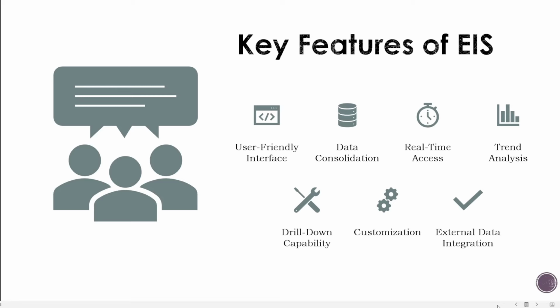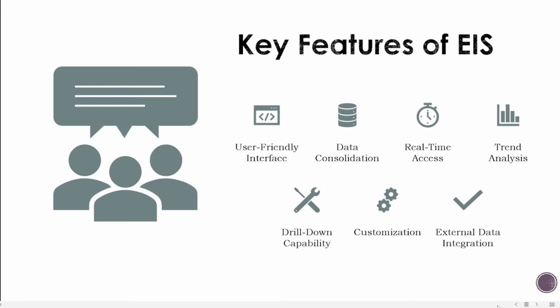Okay? And of course, there must be data consolidation. EIS can pull data from various sources within an organization, such as sales, inventory, human resources, and other units, and present it in a summarized and consolidated manner.